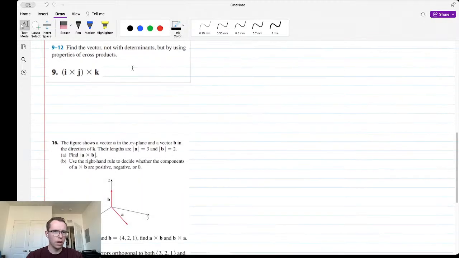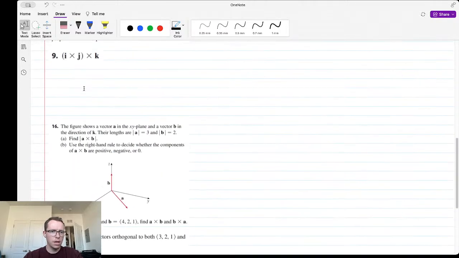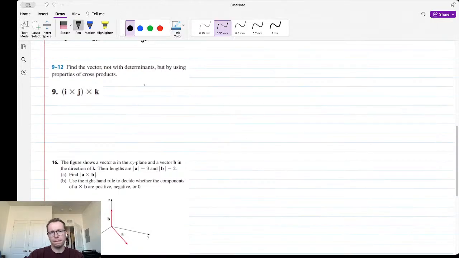Find the vector not with determinants, but by using properties of cross products. Okay, let's define a few things. So we know i is 1, 0, 0, and then we know j is 0, 1, 0, and then we know k is 0, 0, 1.